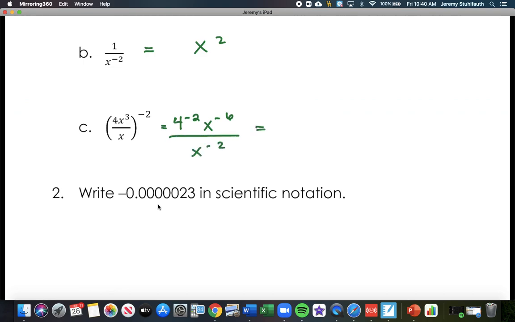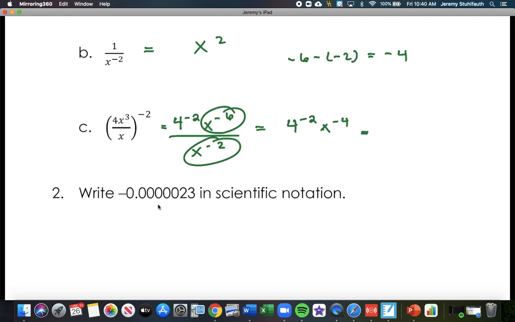If we go through this, we have 4 to the negative second power, then times x to the negative 6th divided by x to the negative second. So you'd have negative 6 minus negative 2, which would give us negative 4. So you have x to the negative 4th power.